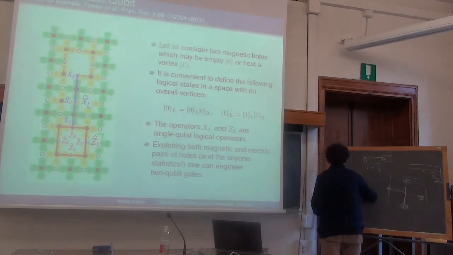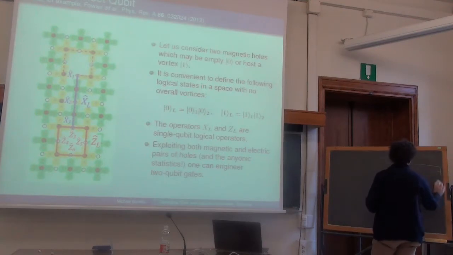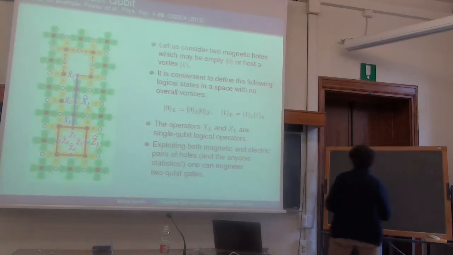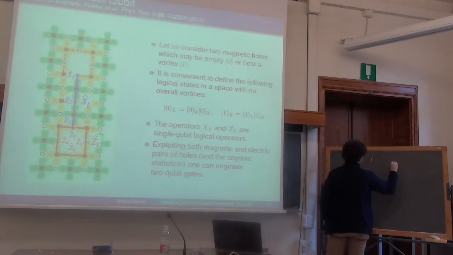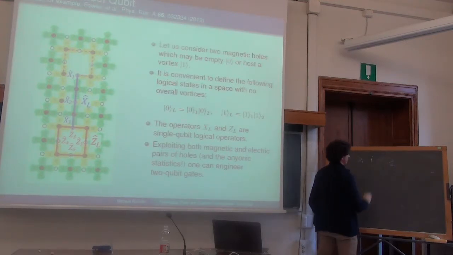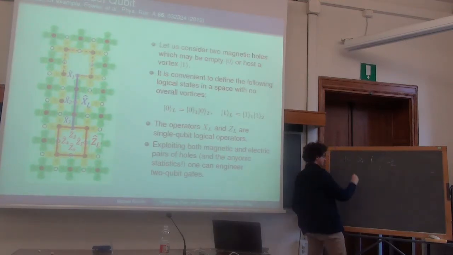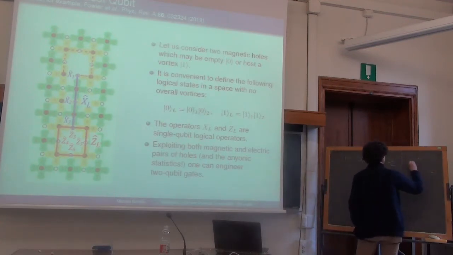So, in particular, you may think about the fact that we have the 2 holes, let's say hole 1, hole 2, and in principle here I can have either 0 or 1, either 0 or 1, measuring the magnetic vortices. So the states that are allowed are 0,0; 0,1; 1,0; or 1,1.